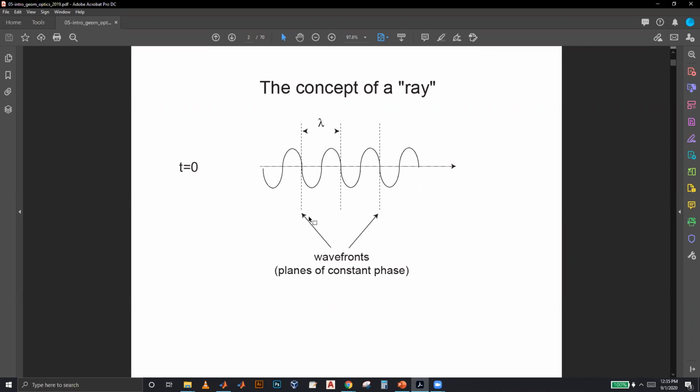And we then define a wave front as planes of constant phase. So every point on here, which is at the same phase, can be thought of as a wave front. So imagine the point which is at the peak, or which is at the trough, or at the 0 line. So all of these are in phase. So we can approximate these as wave fronts.